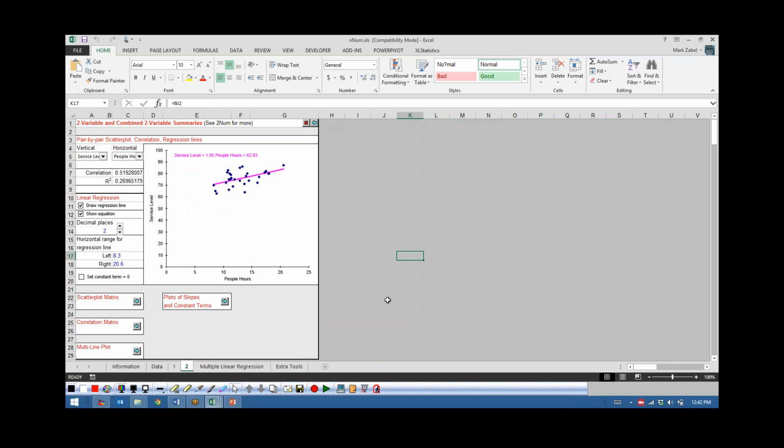Now, in the book and in Minitab, a lot of statisticians put a lot of stock in a scatter plot matrix or a correlation matrix. It sort of does all of the scatter plots at once. Now, I like to look at them exactly this way, one at a time. There are advantages to doing it the other way, but I like looking at it one at a time because I can see them. Watch what happens when I do a scatter plot matrix.